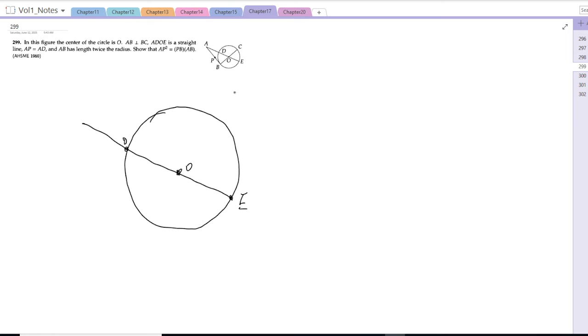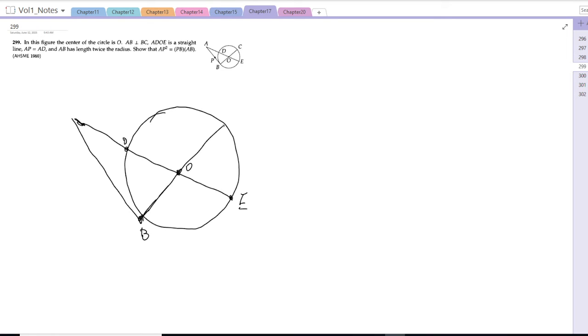And this is the tangent line AB. AB is perpendicular to BC, right?